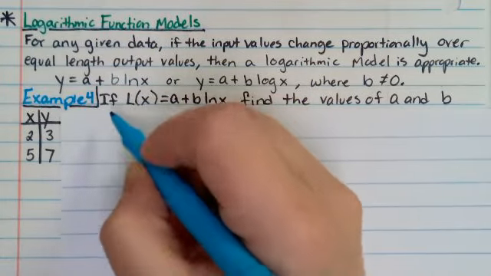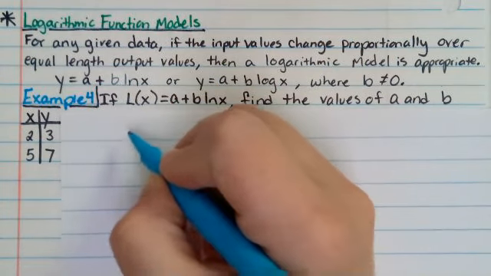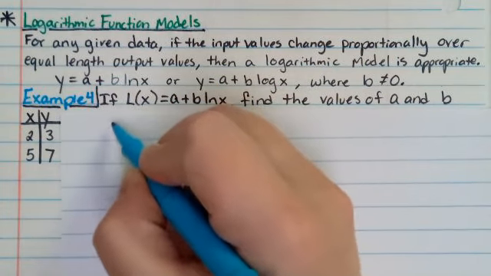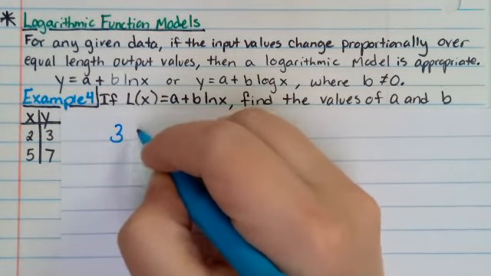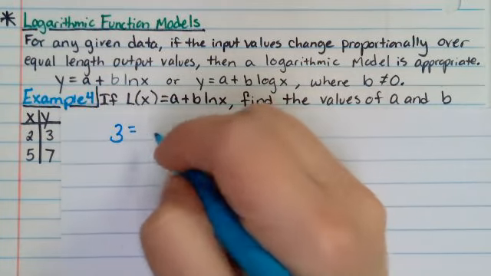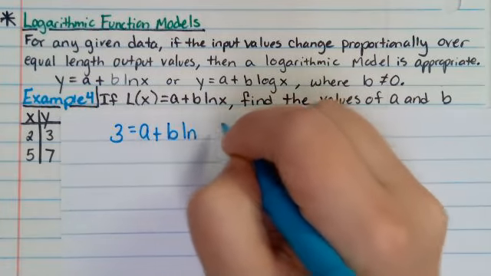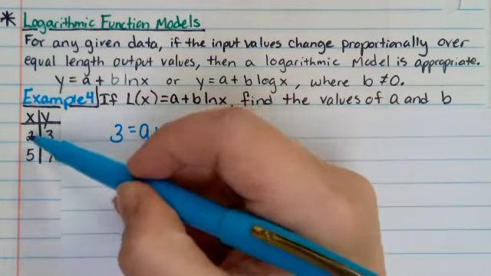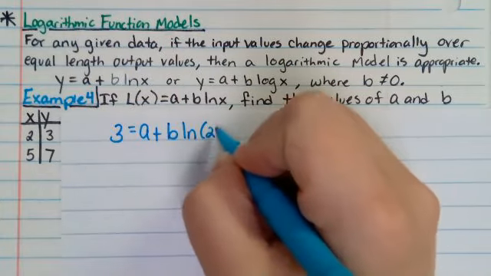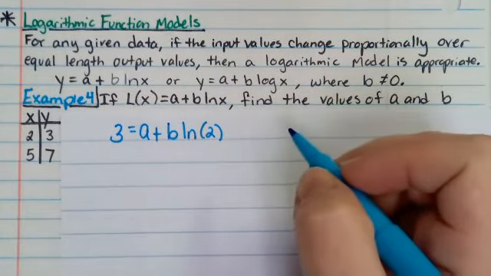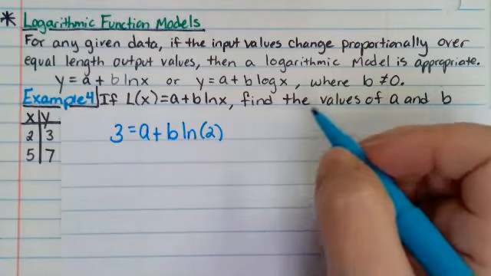So I'm going to have one of these here where we're going to talk about L of x. Remember, that's y, so I'm going to replace that with a 3. We're going to say that is equal to a plus b natural log of, and at that point, my x value was 2. So natural log of 2. That is one equation that we can use.